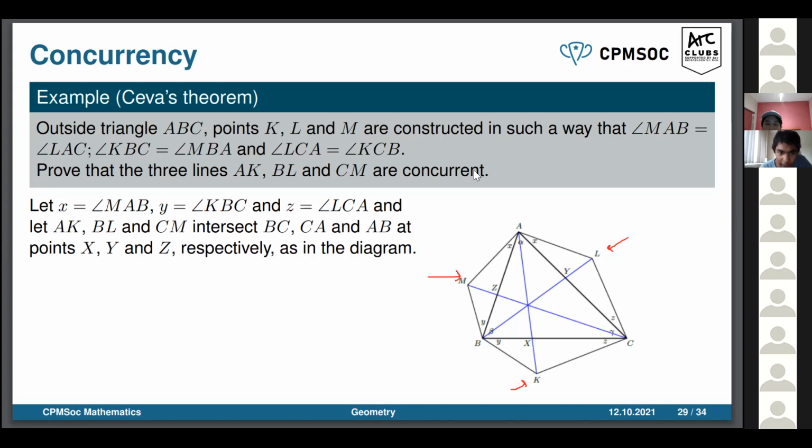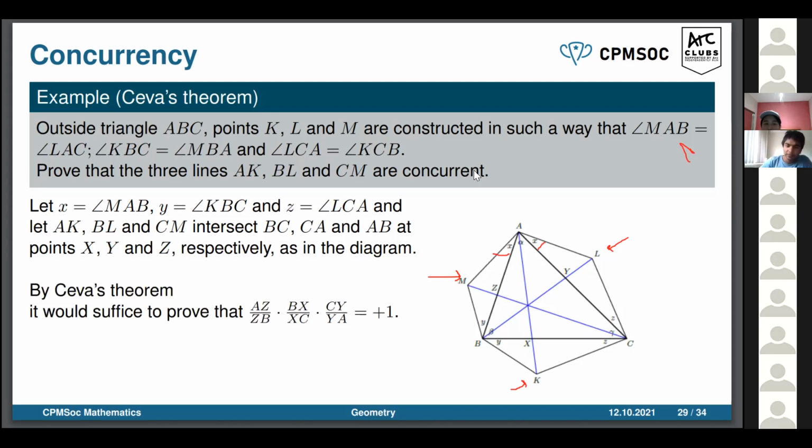We're also using the information that MAB equals LAC, so both are given as x. Recall Ceva's theorem: it suffices to prove that AZ over ZB times BX over XC times CY over YA is equal to 1.